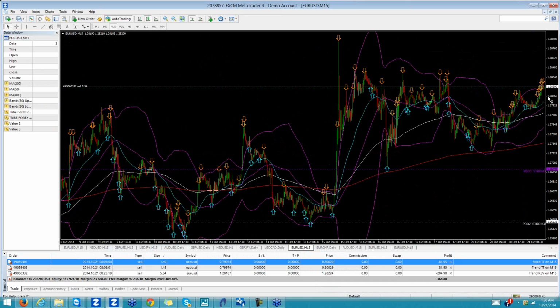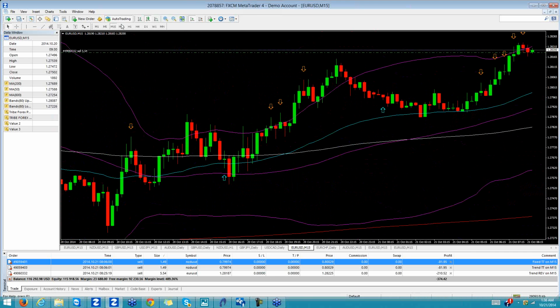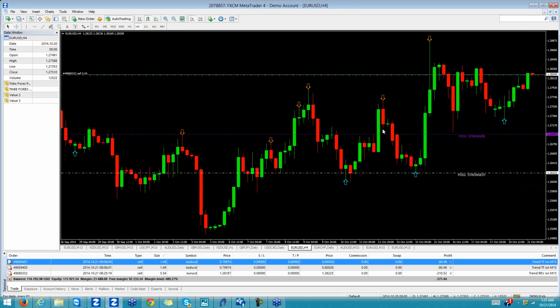Actually, if you look at this 4 hour as well on the euro dollar, which I'm going to make bigger, as Nino just pointed out, I don't know so much. This one's not so clear cut for me on this time frame.